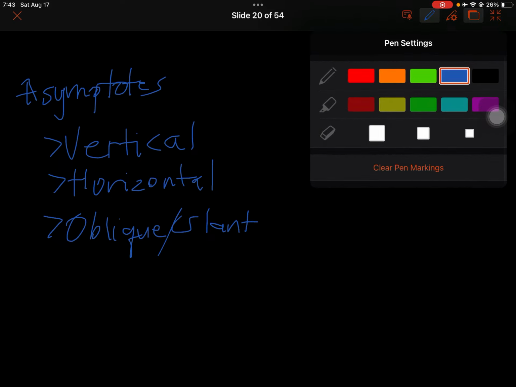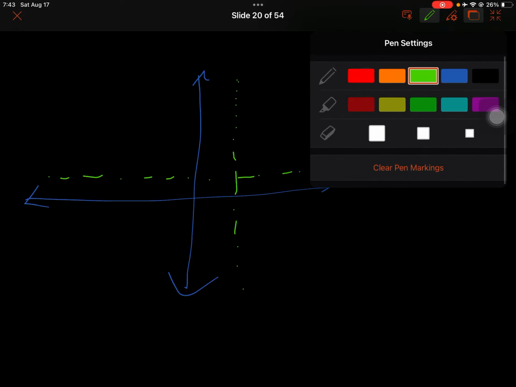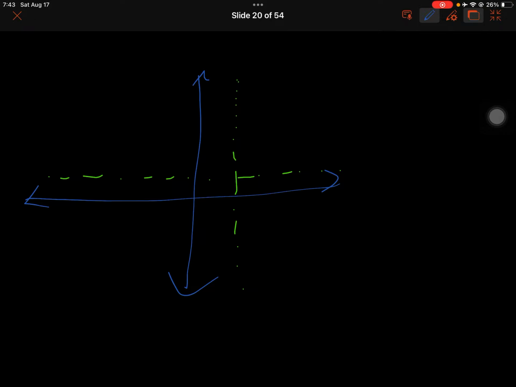So let's give an example for this. So for example, we have here the asymptotes, and asymptotes here, there. We have the vertical asymptote and the horizontal asymptote. Okay, so the graph would look like this.